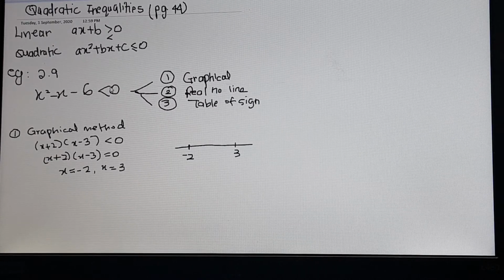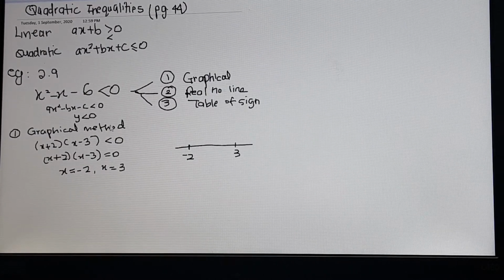Because ax squared minus bx minus c less than 0 means that y here is less than 0.